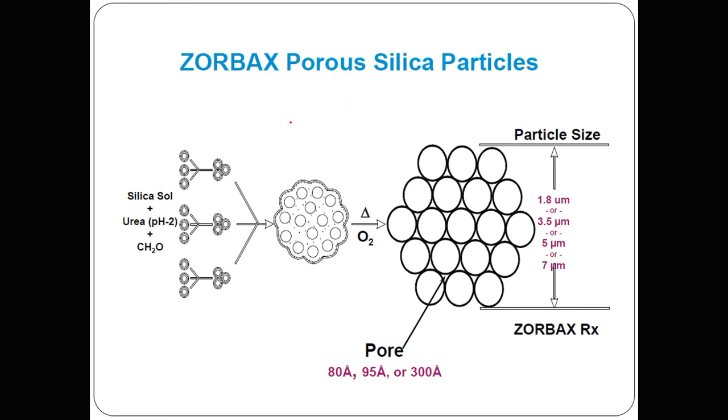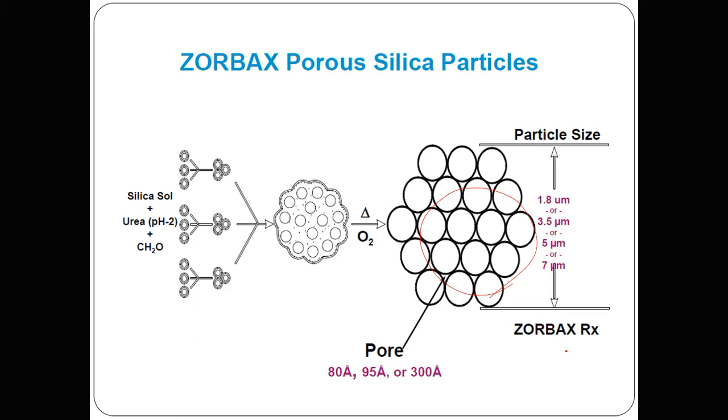Let's start with Zorbax. Zorbax porous silica particles are made from silica salts plus urea plus CH2O, which is heated with oxygen to convert it into particles. Here I have given all the particle sizes: 1.8 micron, 3.5 micron, 5 micron, or 7 micron.